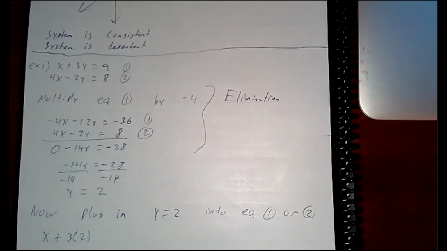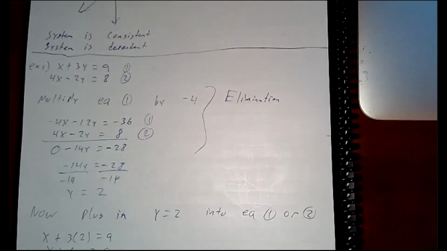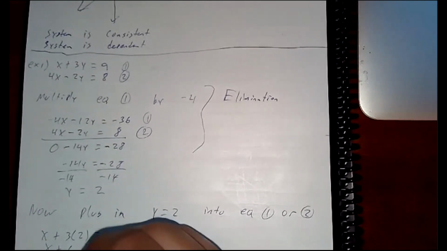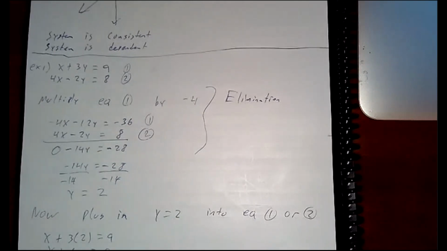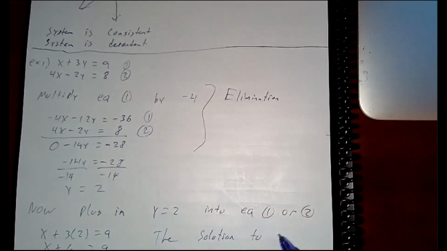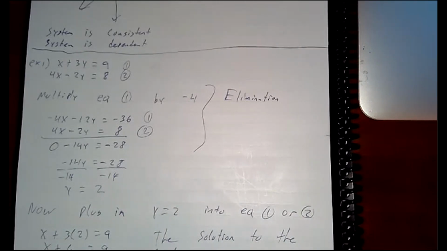So I'm replacing y with 2. So that'll be this. This will be that. So now I have x and I have y. So the solution to the system is 3, 2, which we already knew from the graph, right?